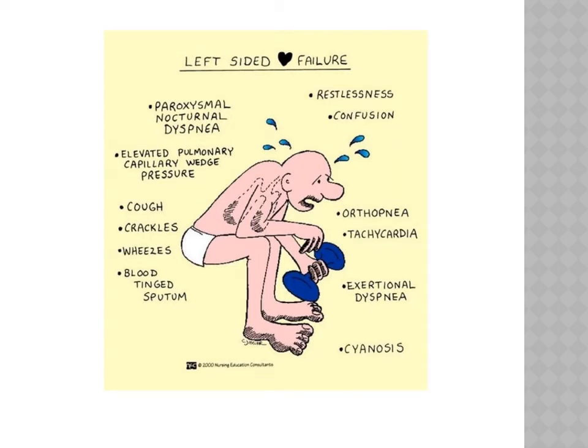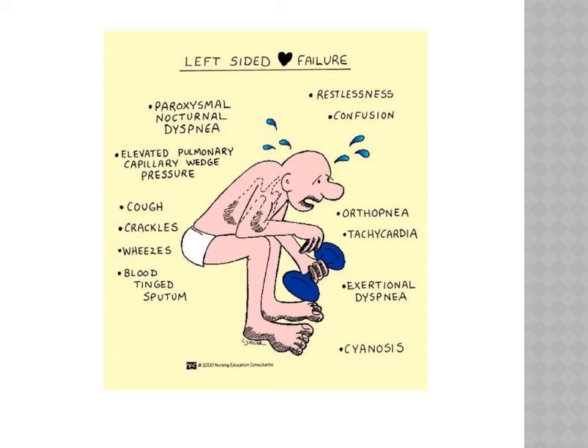So in reviewing heart failure, there are two different types of heart failure, actually three. Left-sided heart failure, which we see here on this slide, right-sided heart failure, or a combination of both. So focusing in on this left-sided heart failure, this is a pretty good cartoon that depicts some of the more common signs and symptoms of left-sided heart failure.